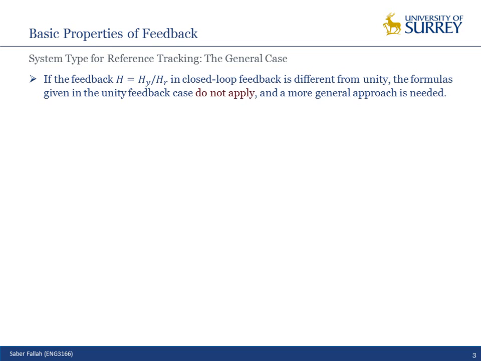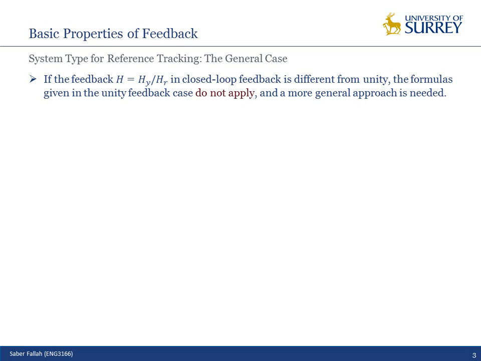A unity feedback system is when we assume our sensor is very accurate and it has very fast dynamic response. In this case, and with the assumption that the gain of the shaping block and sensor is the same, we have the unity feedback system.